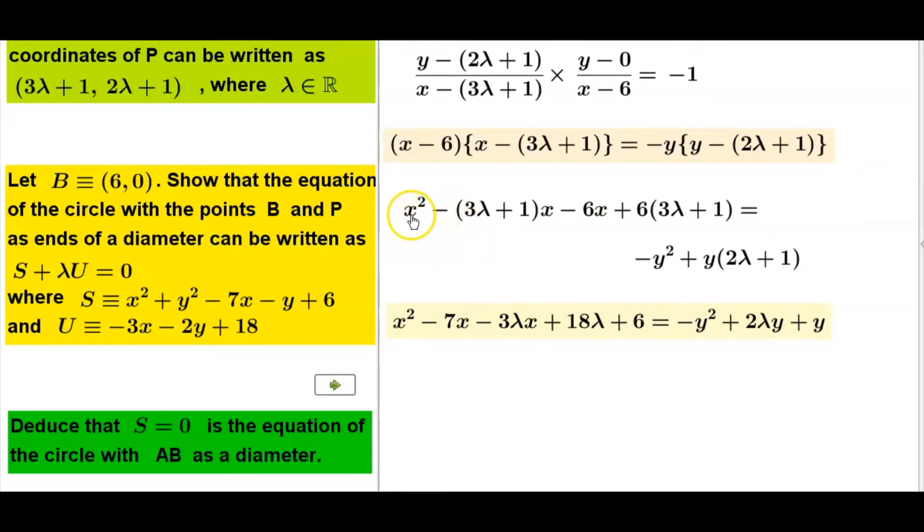Further simplification: x squared, minus x, minus 6x gives minus 7x, minus 3 lambda x, plus 18 lambda, plus 6, is equal to minus y squared plus 2 lambda y plus y.